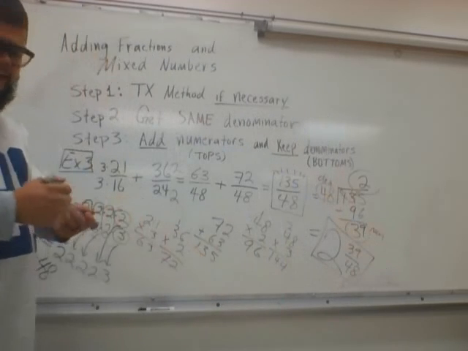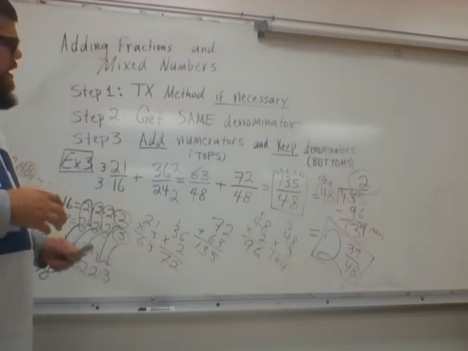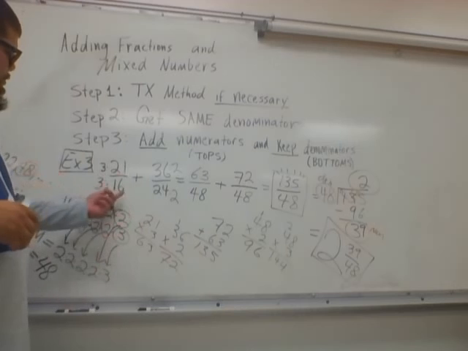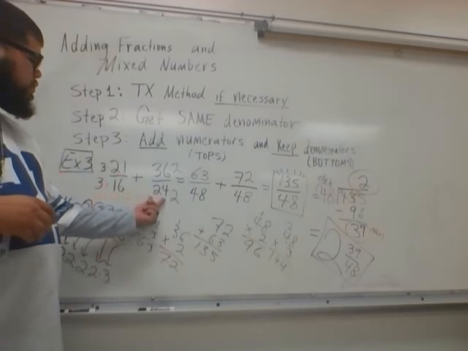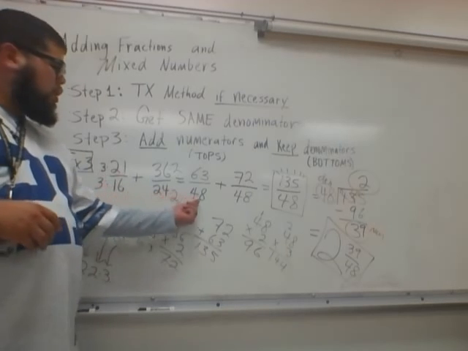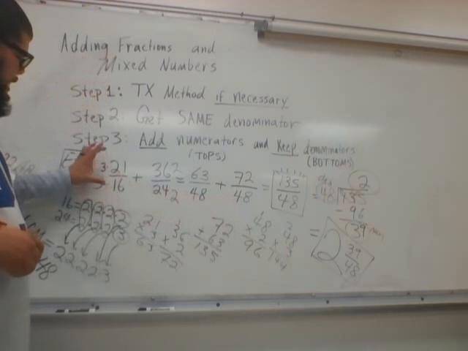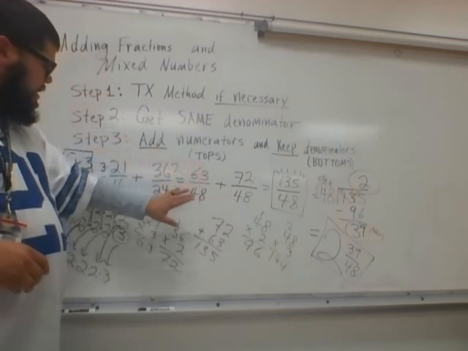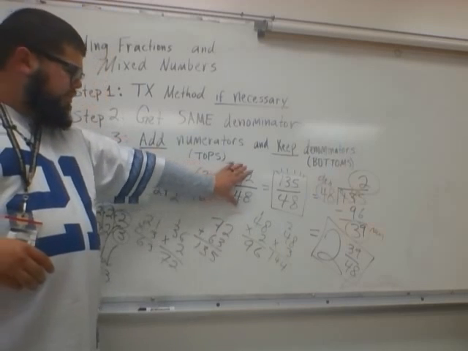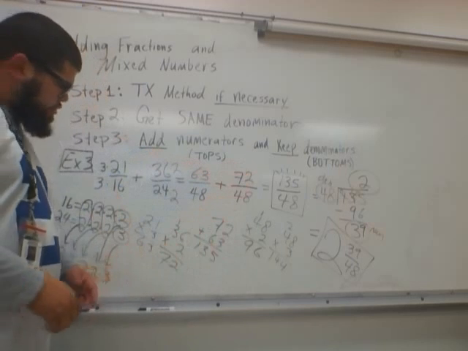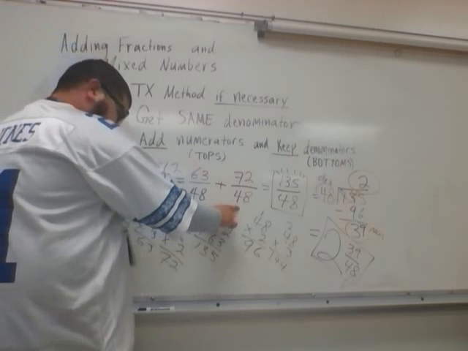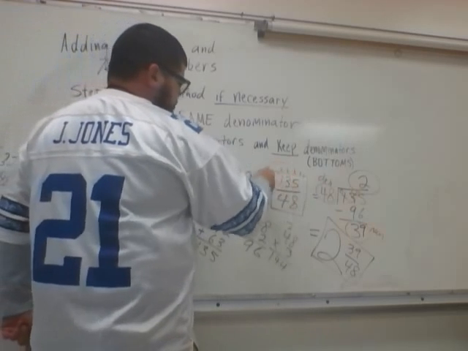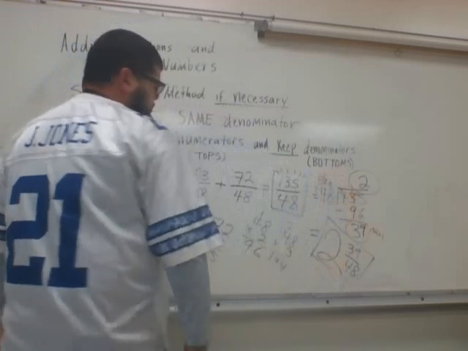Again, that's how we add these fractions. We had 21 over 16 plus 36 over 24. We got our common denominator by creating equivalent fractions: 21 over 16 is 63 over 48, and 36 over 24 is 72 over 48. Those are equivalent fractions. We add up our new equivalent fractions to become our answer, and our answer is improper. We had to divide to turn it into a mixed number.